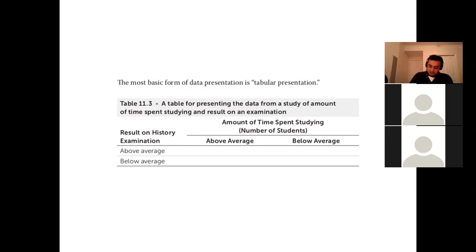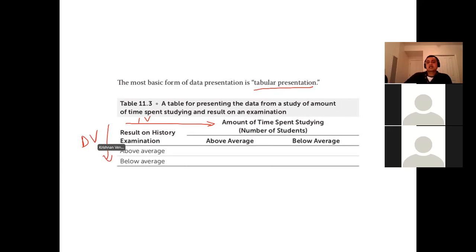This form of data presentation is called a tabular presentation because it's a table, okay? And you will notice that once again, this variable is your independent variable, and this is your dependent variable.